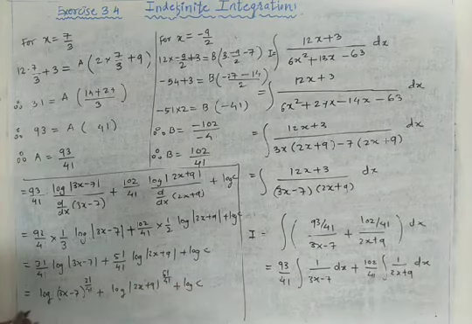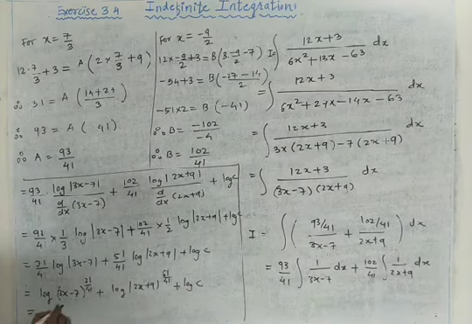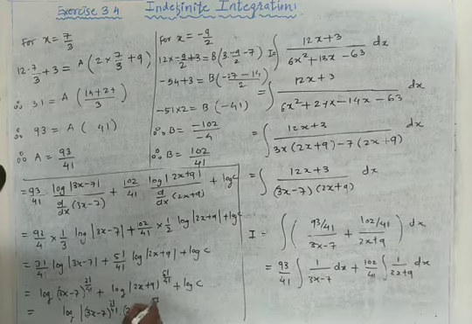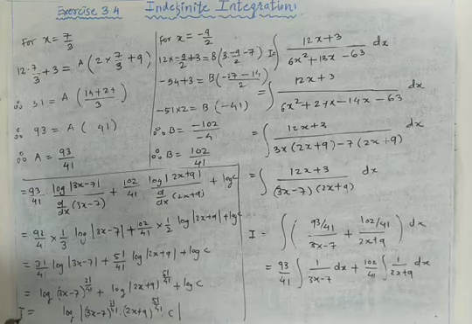Now all the log terms are added, so it means the common log can be written as 3x minus 7 raised to 31 by 41 into 2x plus 9 raised to 51 by 41 into c. This is the final value of I. Get it?